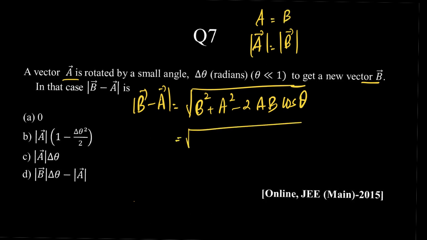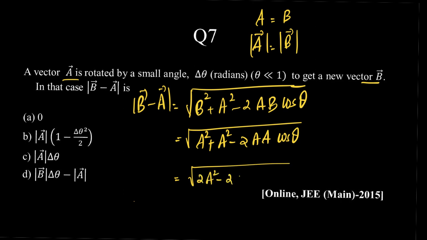Therefore, we can replace this as A square plus A square minus 2A into cos theta, which will give us root of 2A square minus 2A square cos theta, which is equal to root of 2A square into 1 minus cos theta.